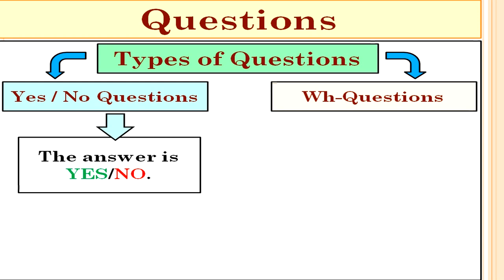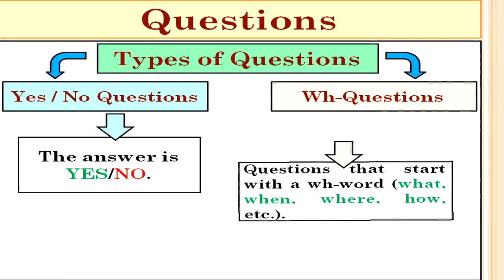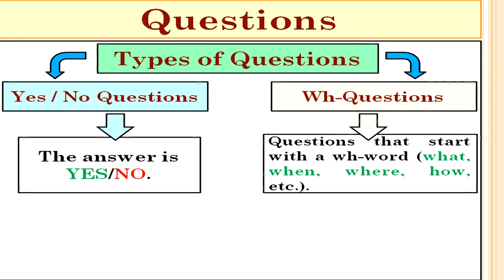So the second type is WH questions. What is a WH question? It is simply a question that starts with a WH word. What do we mean by a WH word? It's a word that we use to form a question, and it includes the letters WH.